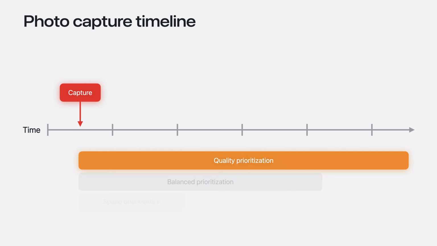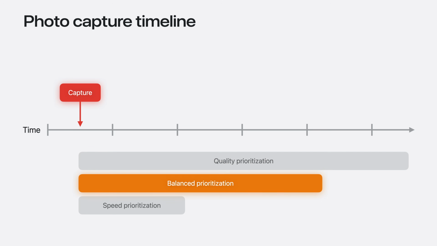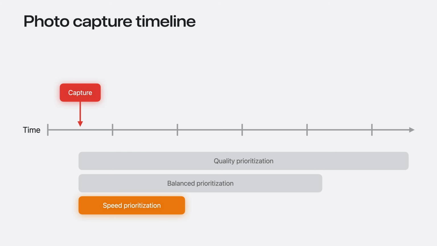A photo with quality prioritization is delivered with the best image by utilizing longer processing time. A photo with balanced prioritization delivers optimal quality with appropriate processing time for common cases. A photo with speed prioritization is the fastest way to get the photo captured, but without the improved quality that comes with longer processing.